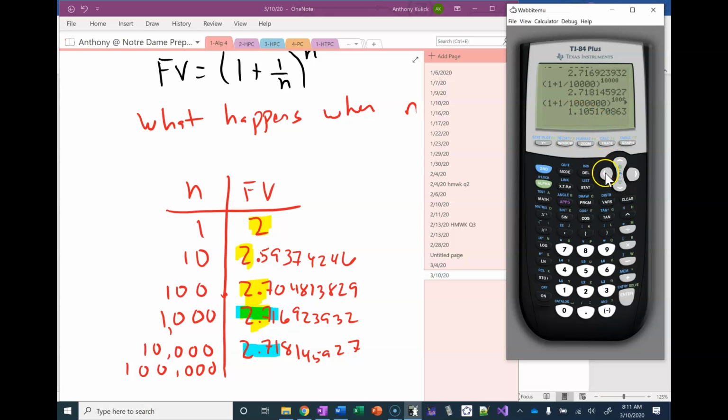Oops. What did I do here? Do I have too many digits here? Yes, I do. I think I have 1,000,000 there instead of 100,000. There we go.